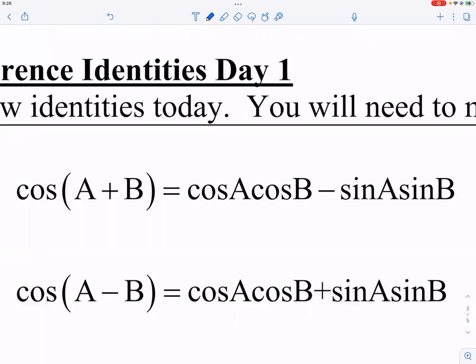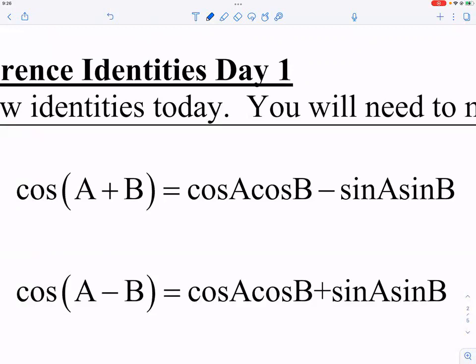And if it's a difference of angles, the identity is actually showing an addition. So that's how I memorize these.